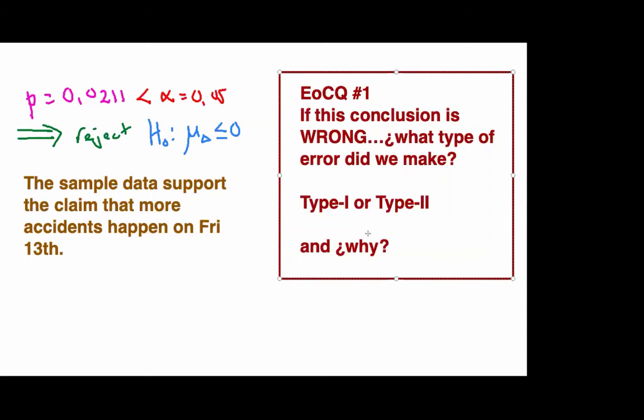End of class question number 2 is a little easier, I think, in some ways. This end of class question was specific to our problem that we just did, the Friday the 13th example.